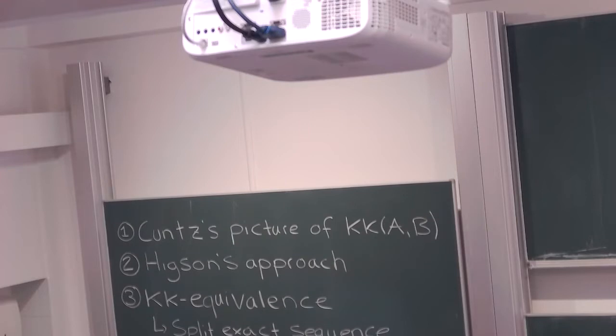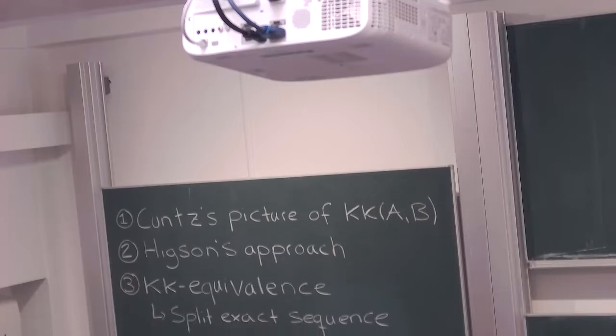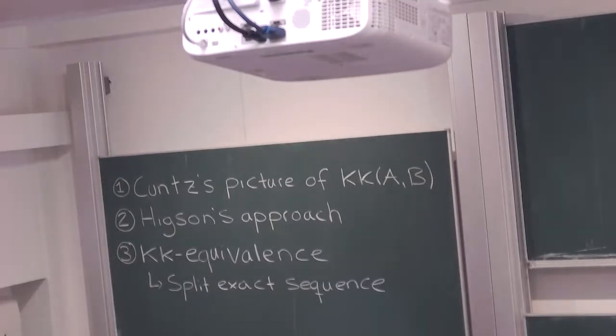So both his quasi-homomorphism picture, and then another picture where he looked at a homomorphism between a specific ideal in a sister algebra, but I will come back to that. And then we will look at Higson's approach, which uses category theory.